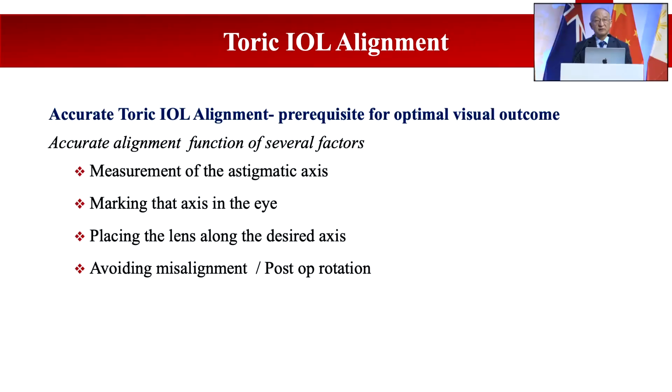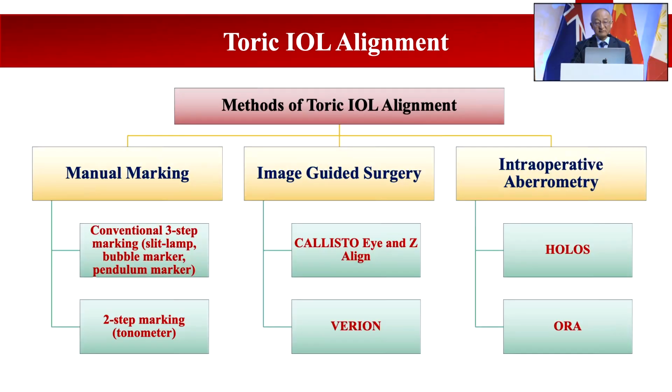Most often, the toric marks are at the optic-haptic junction. That gives a clear orientation of your lens. And most importantly, avoid misalignment on the table and avoid rotation in the post-op period. So these are four important things whenever we are doing toric IOL implantation.